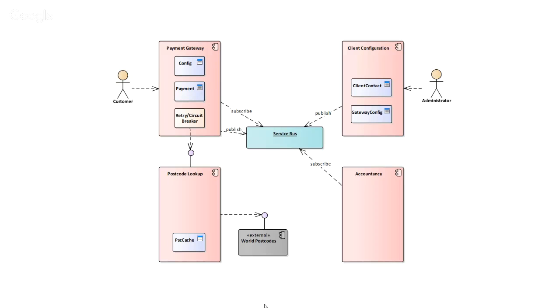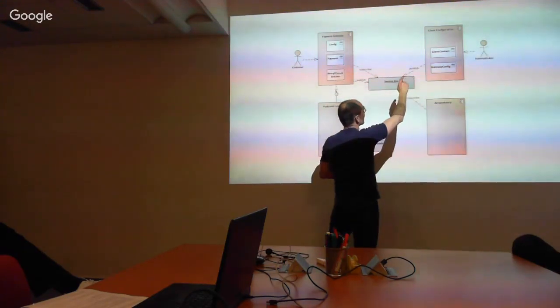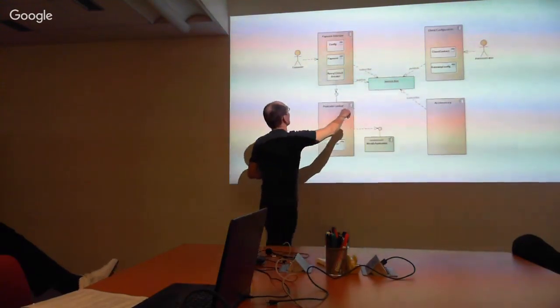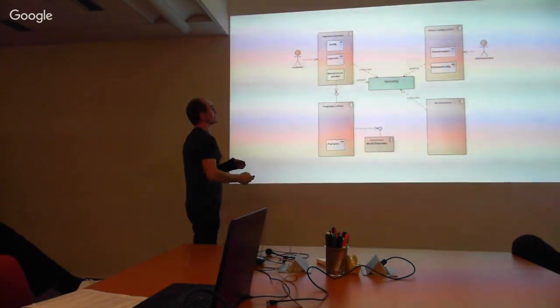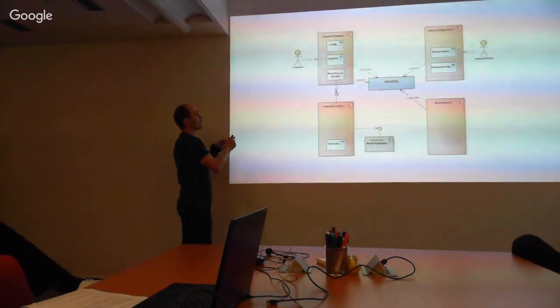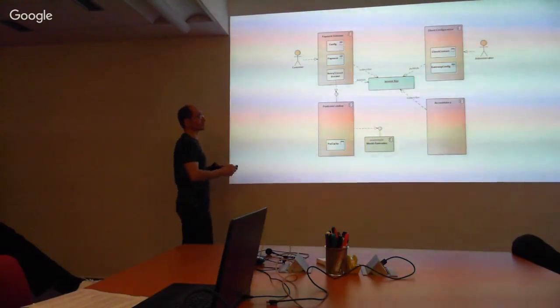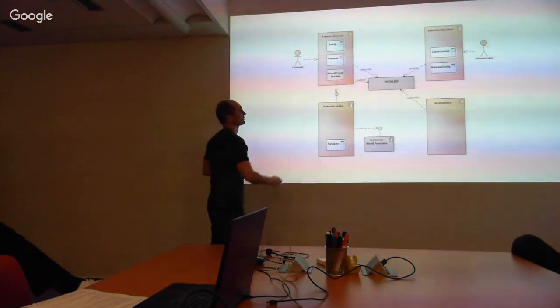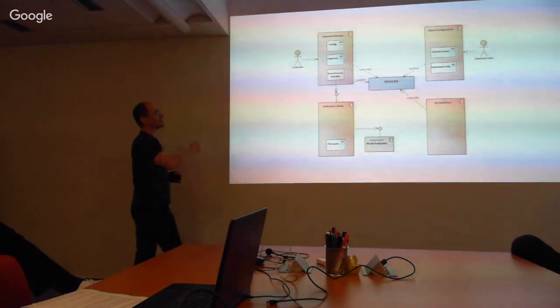So what happens here is that this client configuration has many tables which contain various information about the client, and the payment gateway is interested in part of the data, so it will create its own copy. It can be completely different tables, just a projection of what the client configuration has, and you would use the service bus to update the local copy.